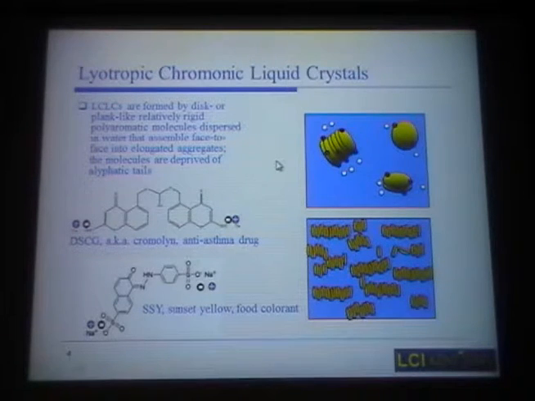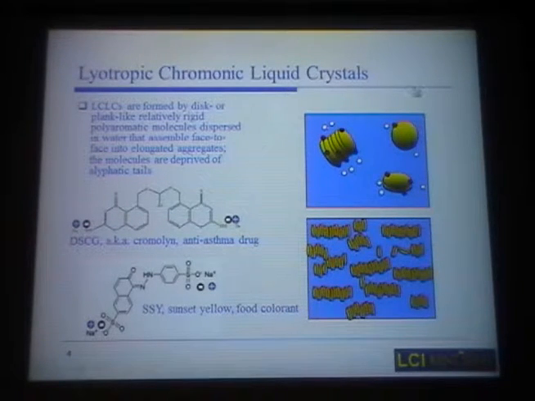So we will be talking about systems that are somewhat different from the Onsager model. In the Onsager model, it's just a rod that is long and thin. In our case, this rod doesn't have a fixed length. The rod is formed temporarily, if you wish, by disc-like molecules that, when thrown in water, are trying to behave in such a way that they do not allow water to go onto their hydrophobic faces.